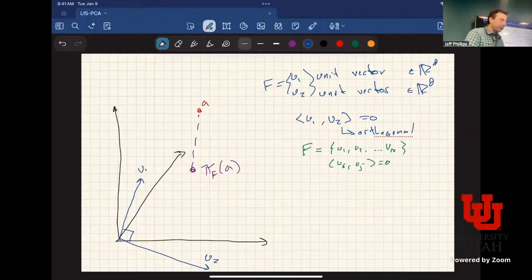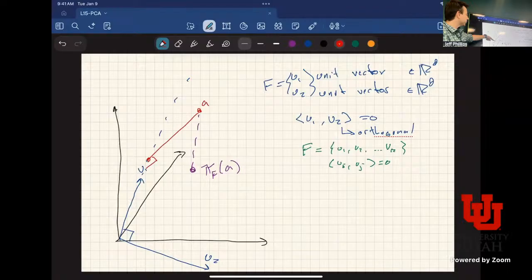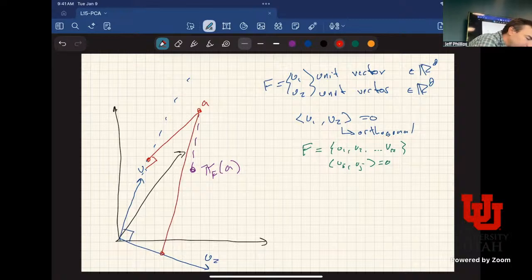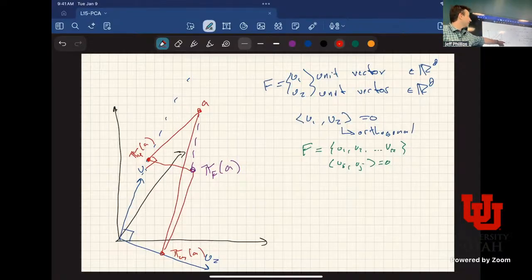How do I do this? I need to extend both of these lines for U1 and U2, and you need to use your imagination a little bit here. This is an orthogonal projection onto U1, and I'm going to get another orthogonal projection. So this would be pi of U1 of A, and this is pi of U2 of A. Then they form a two-dimensional space here, which gives me pi of F.